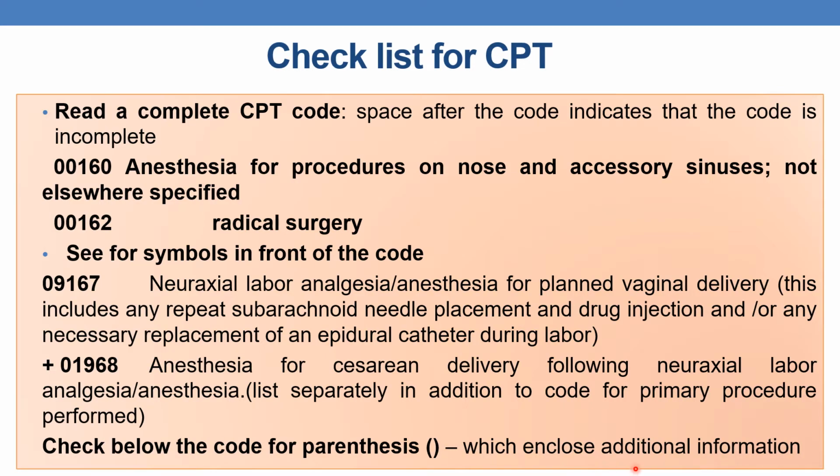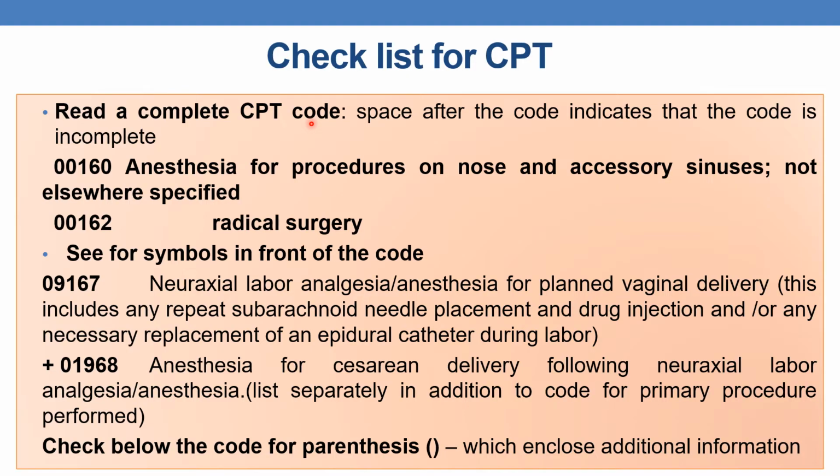These are the 3 points that must be taken into consideration before using a CPT code. So first, read a complete CPT code. What does that indicate? We have to first determine whether a specified code is complete or incomplete.